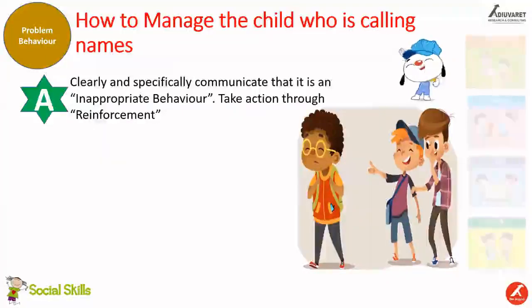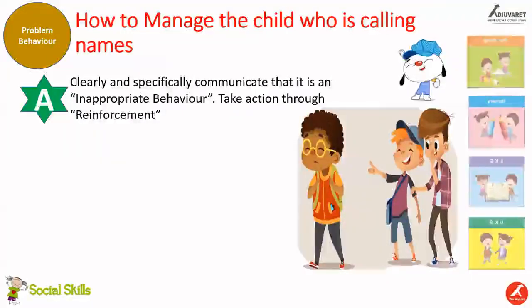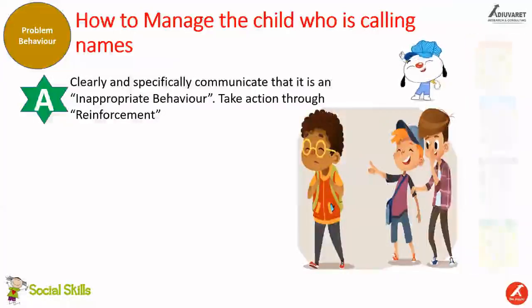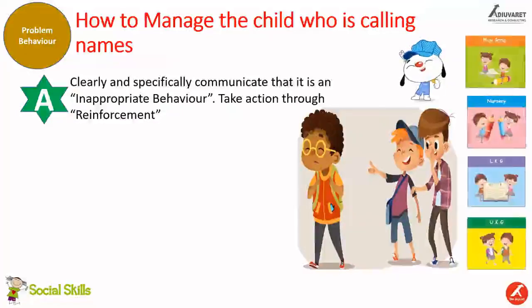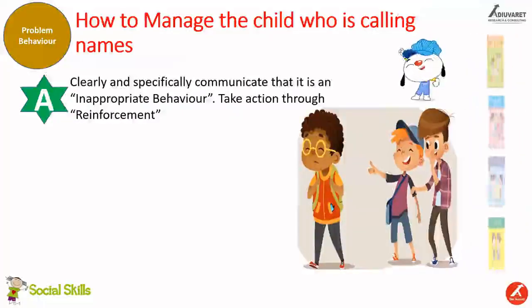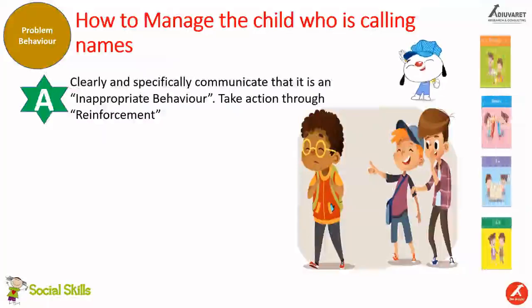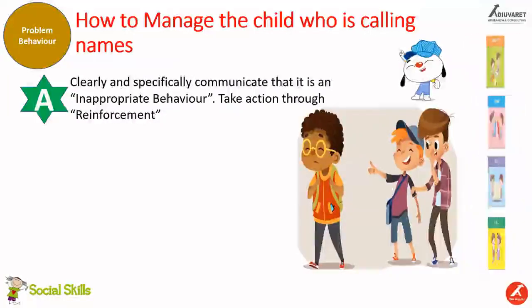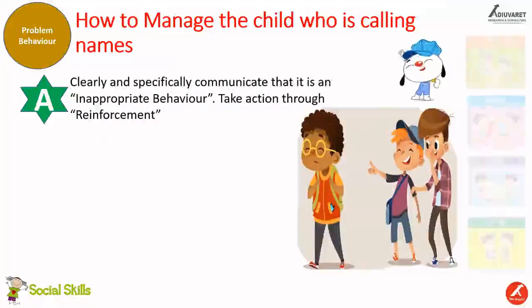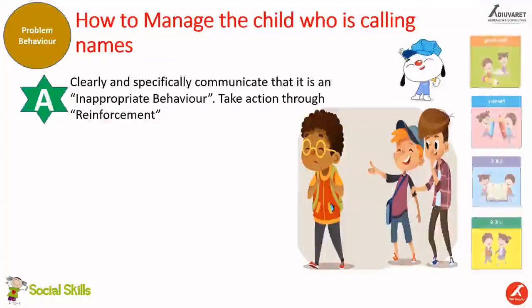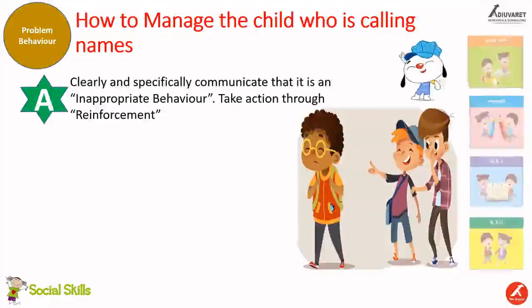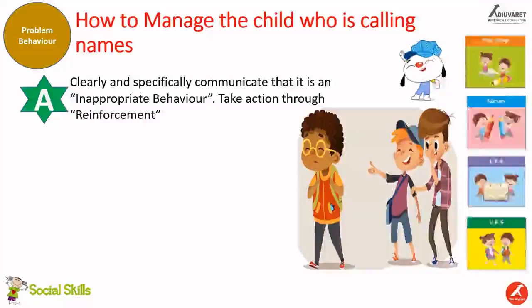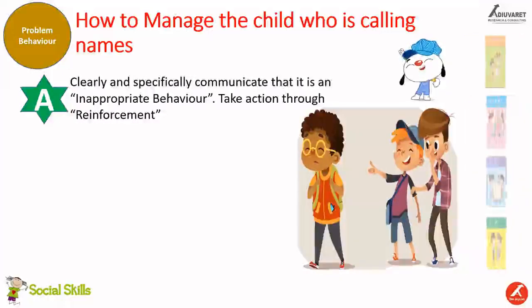One is positive reinforcement: if the child refrains from calling others names, the child will be rewarded. The other is negative reinforcement: the child can be given some punishment if the child continues with such habits. In that case, the child knows what the repercussions would be, so the child will refrain from calling people names.